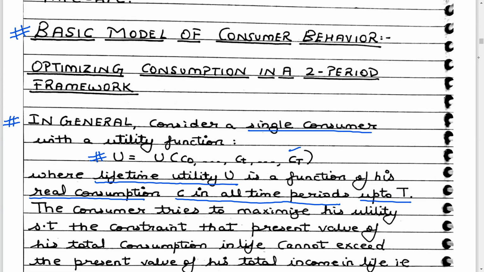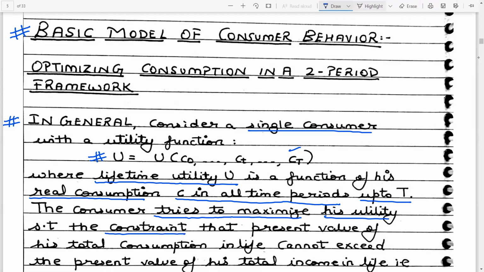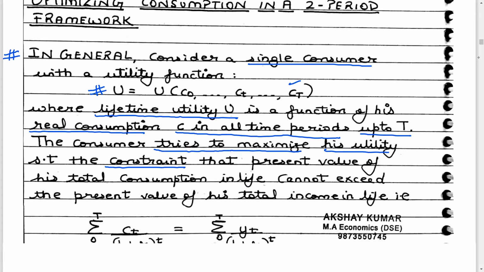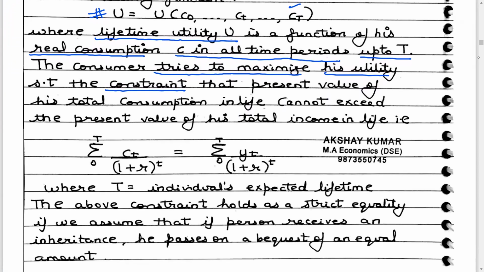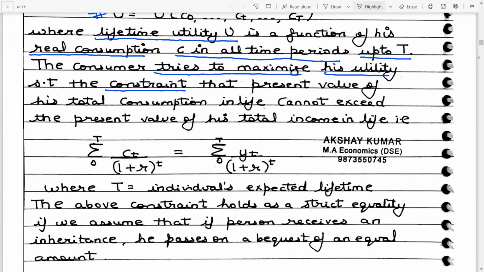The consumer tries to maximize his utility subject to the constraint. All of us know the constraint from the lectures on intertemporal choice. The present discounted value of consumption should exactly be equal to the present discounted value of income.